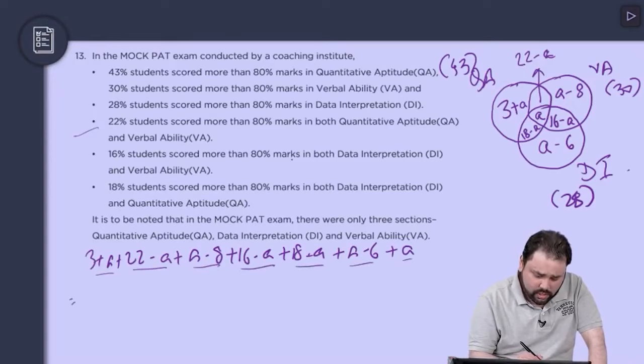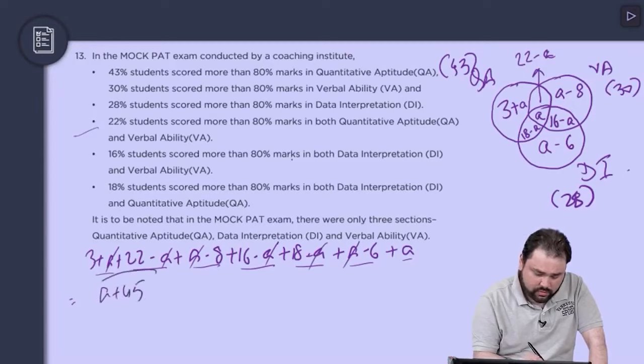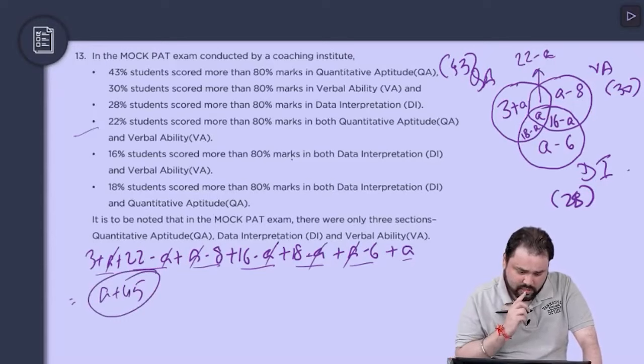This is fine. So how many A and minus A cut? Plus A minus A cut, minus A plus A cut. So there's a plus A. So 3 and 22, that's 25. 25 minus 8 is 17, plus 16, 33, plus 18, that's 51, minus 6, that's 45. So basically A plus 45.